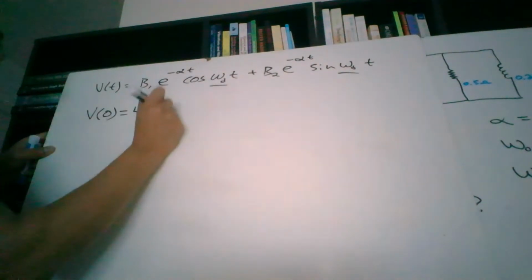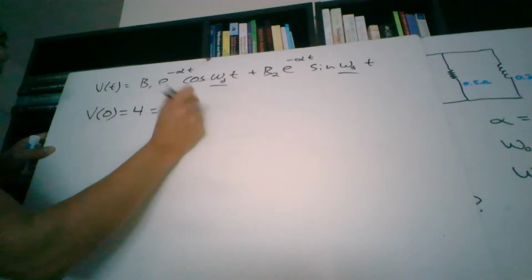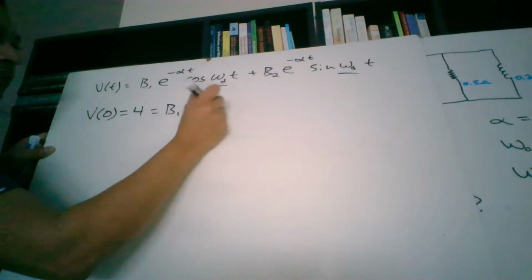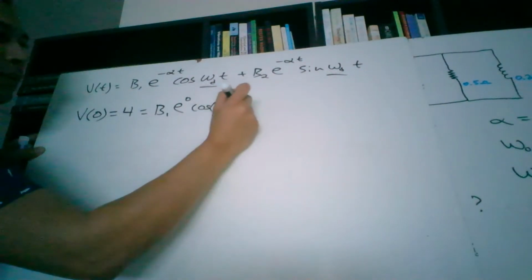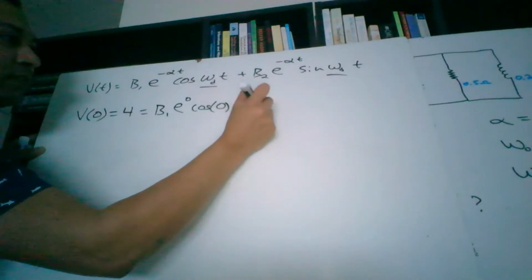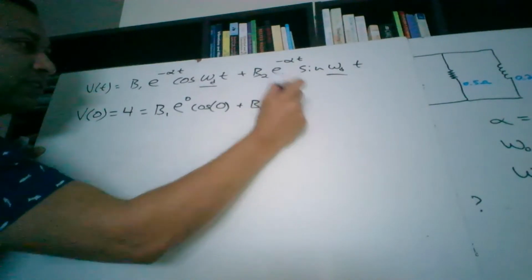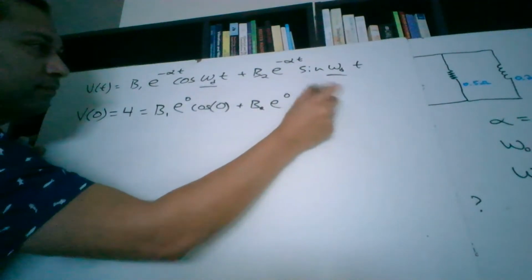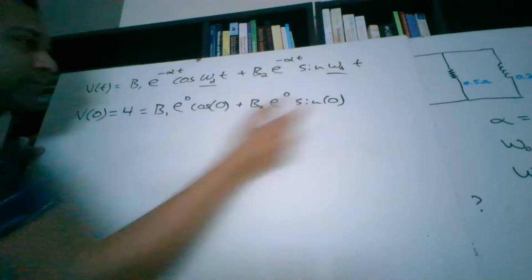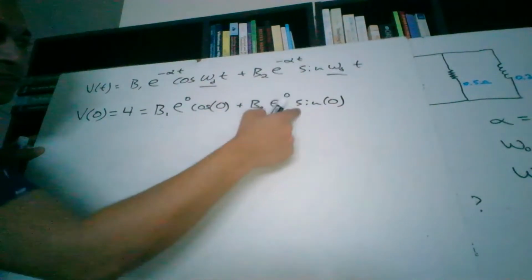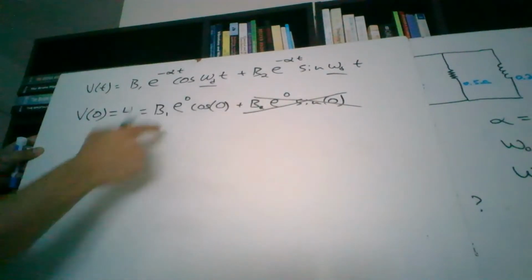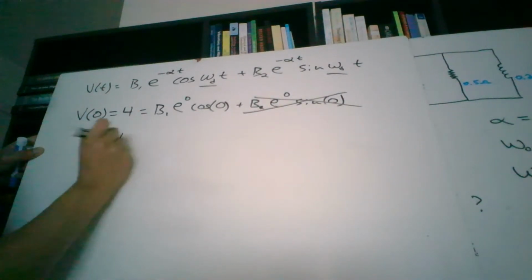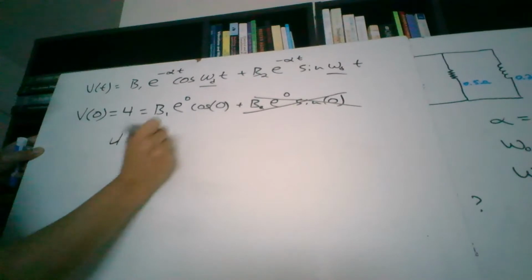So we get B1 e to the power 0 cosine of 0 plus B2 e to the power 0 sine of 0. And so from here, sine of 0 is 0, so this whole term goes away. And over here, you get 4 equals B1.